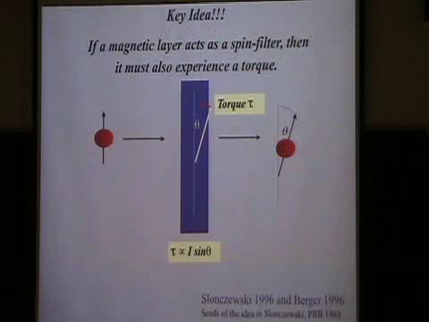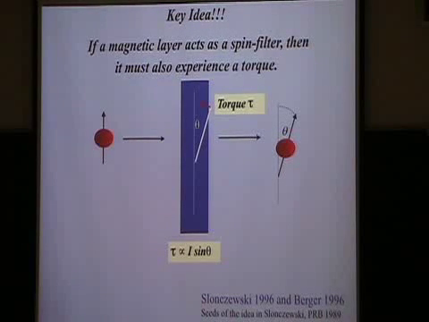And in 1996, there was the idea that if these layers act as polarizers, there also must be a back reaction on these layers due to the flow of spin angular momentum.